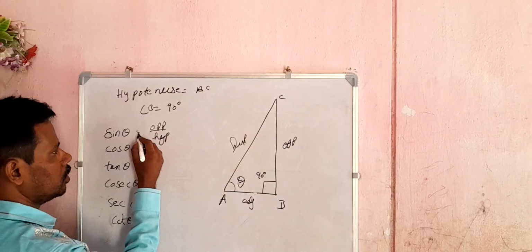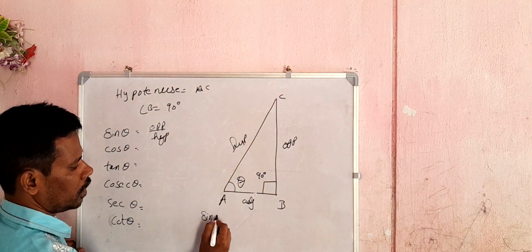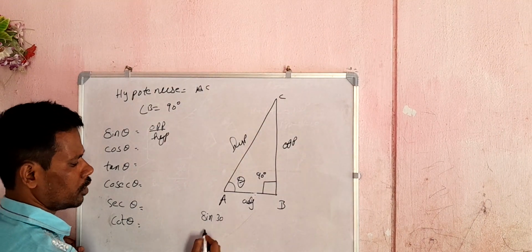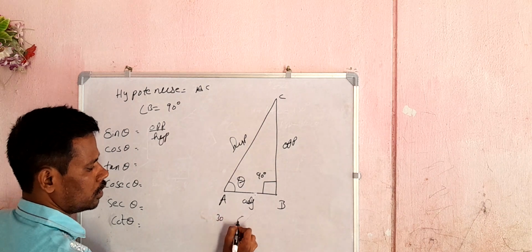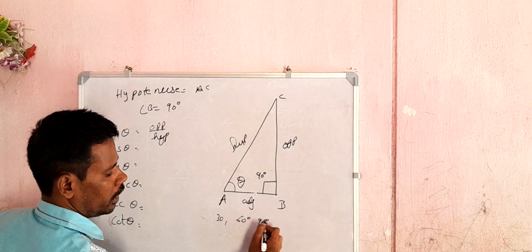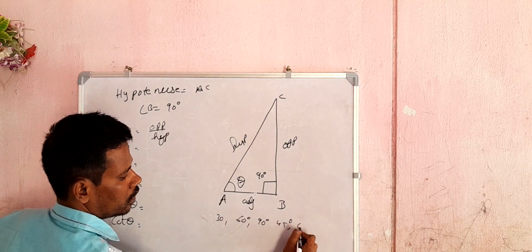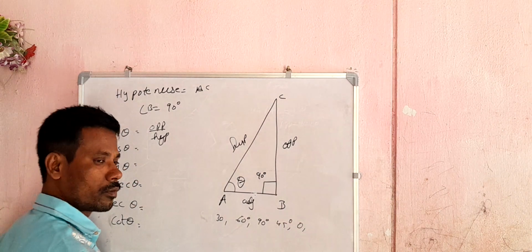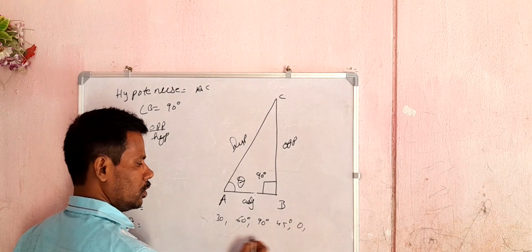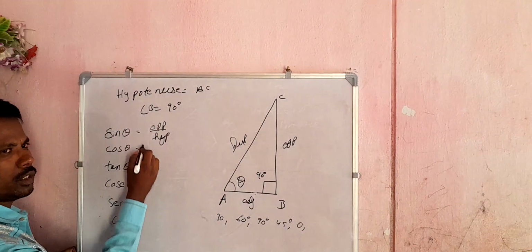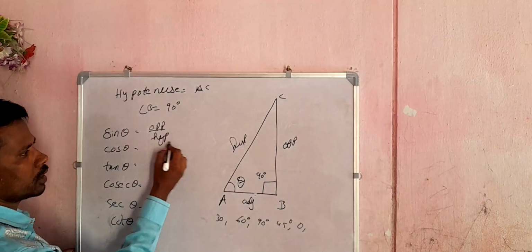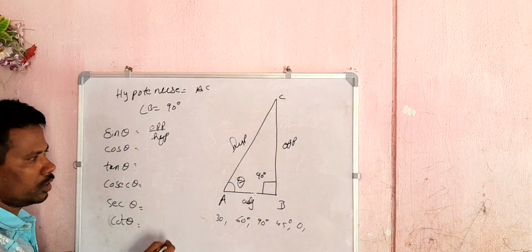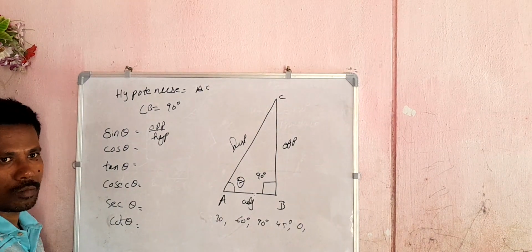There are certain angles: 30, 60, 90, 45, 0, and like that. So sine theta, for some angle, is equal to opposite side by hypotenuse, and we are going to do some problems based on this.